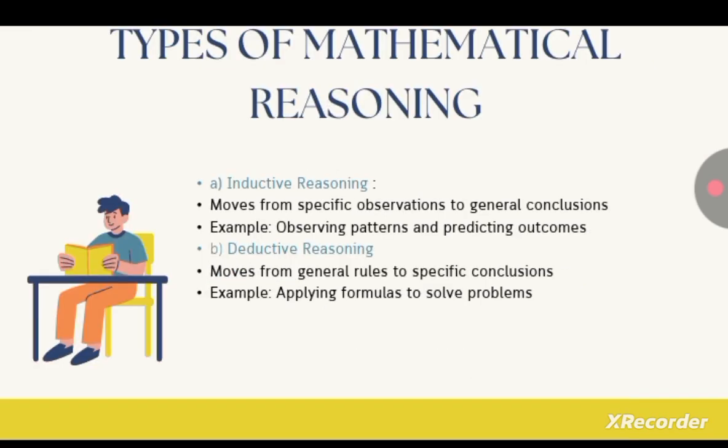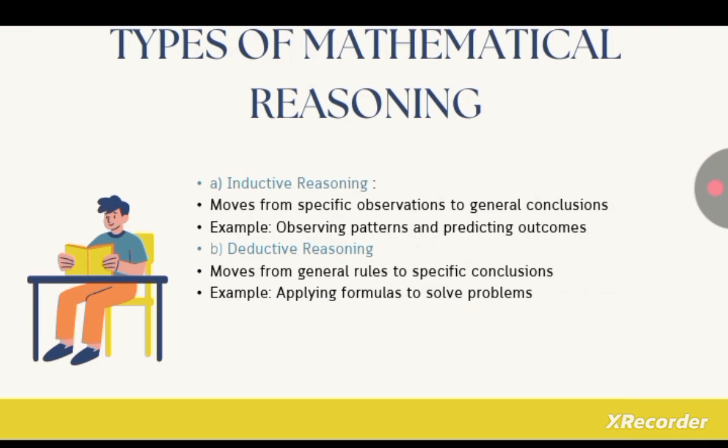Now, let's move on to the types of mathematical reasoning. Majorly, there are two types. First is inductive reasoning, and the second one is deductive reasoning. Inductive reasoning moves from specific observations to general conclusions, that is, from known to unknown. We have certain specific observations, and by means of that, we arrive at general conclusions.